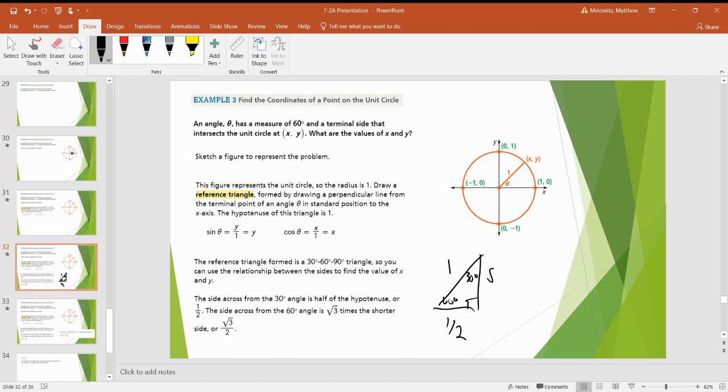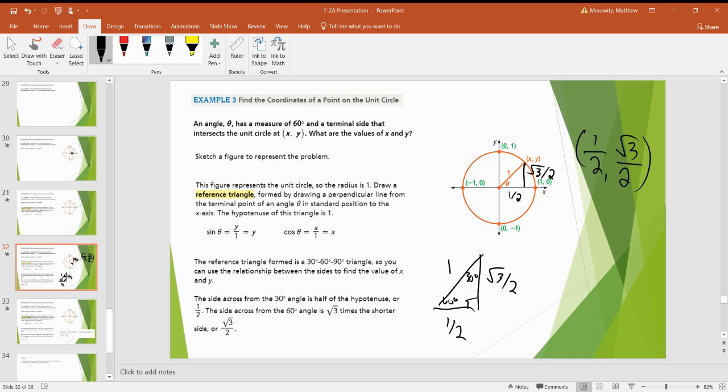And the side opposite 60 is square root of 3/2. So in this case, I can draw that triangle on my circle, and then I get that the x is 1/2, and the y is square root of 3/2. And that's my coordinate point. My point is (1/2, square root of 3/2). That comes from the special 30, 60, 90 triangle.